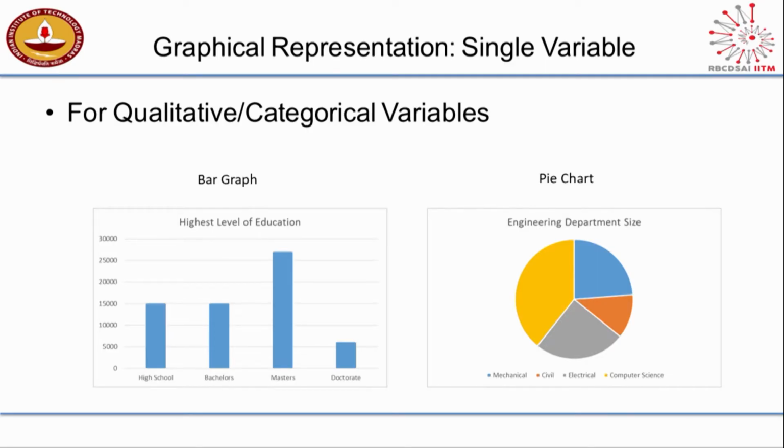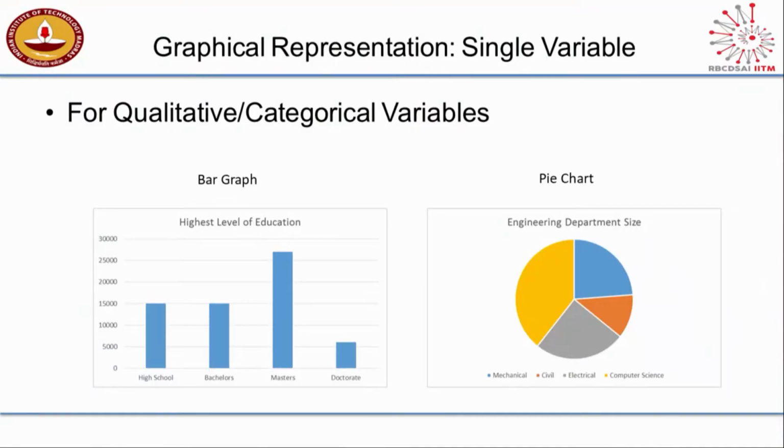Here, for instance, I've chosen some disciplines in an engineering department. And this is basically just the count of them. So number of people in mechanical, number of people in computer science. And here you don't want to in any way signify that one is moving in any direction. Whereas if I take something like level of education, which I'm describing as an ordinal qualitative variable, I really like the order. There is an order.